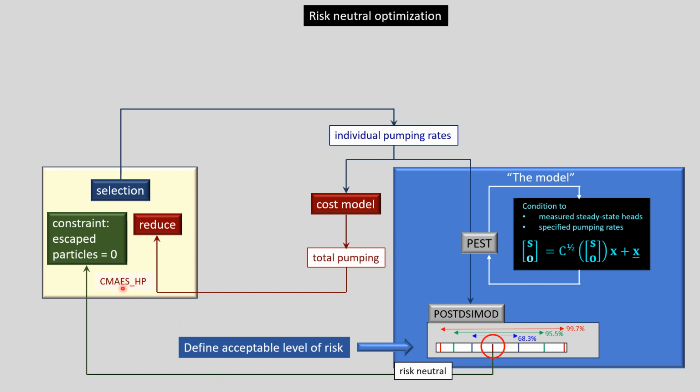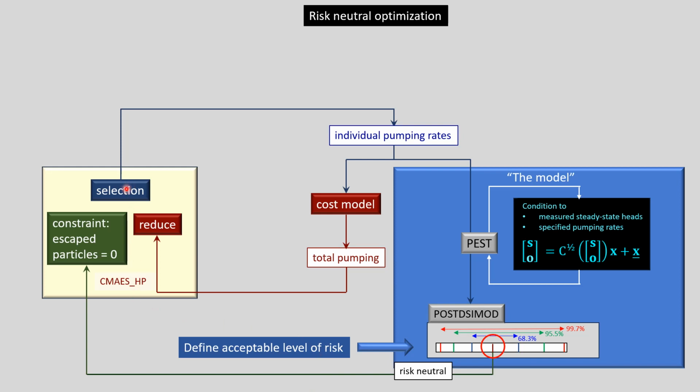But this optimizer has had a lot of use over the years in optimization of pumping rates and appears to work pretty well. But as I said earlier in this video, there are other choices of optimizer that I could also have used, for example the PEST PP MOU optimizer. But we're using a global optimizer here.